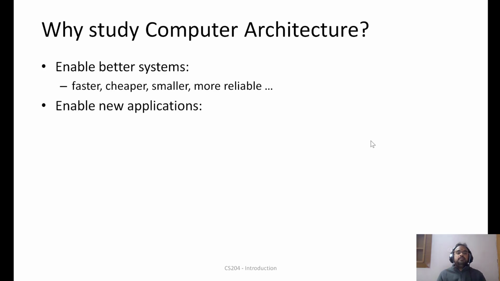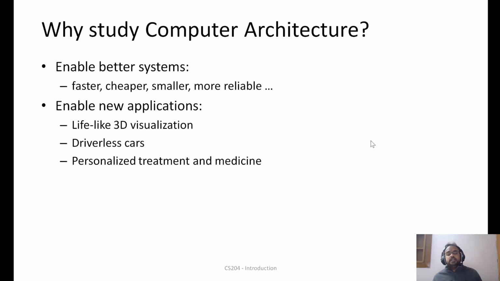Or it can also help us to enable new applications. For example, a 3D visualization which gives a real life feel, or the previously discussed self-driving cars or driverless cars, or a very important thing that during the COVID times has even more importance, personalized treatment and personalized medicine. We have almost 7 to 8 billion people now.